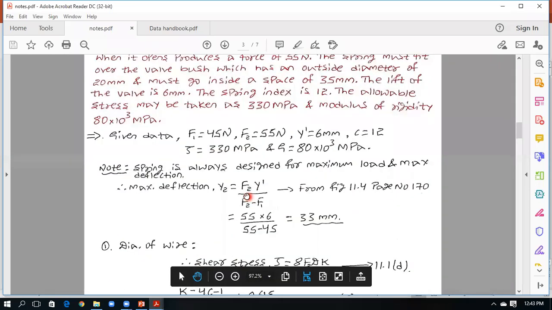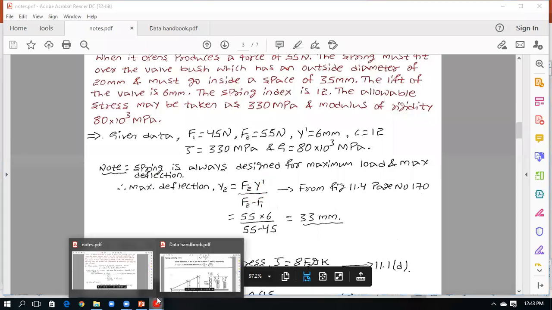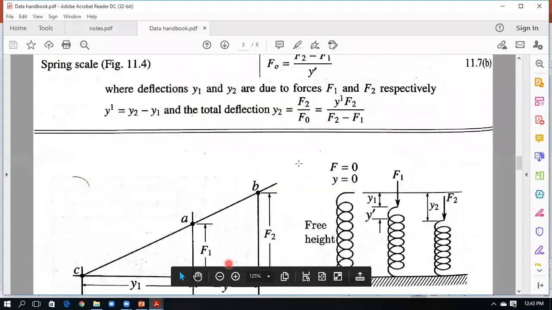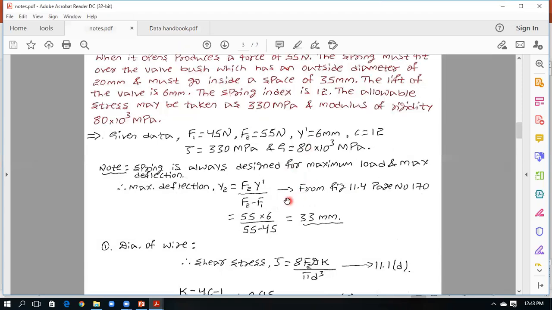Here Y2 is equal to F2 Y dash divided by F2 minus F1. I have taken this formula from this pattern book. In this case, you know the Y dash value.